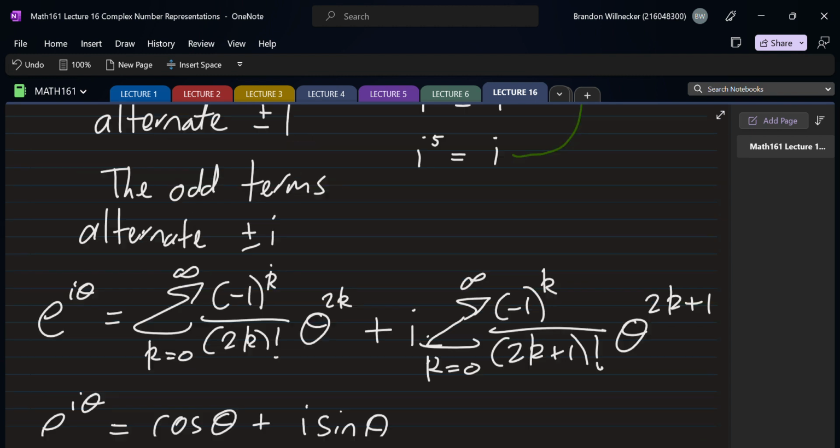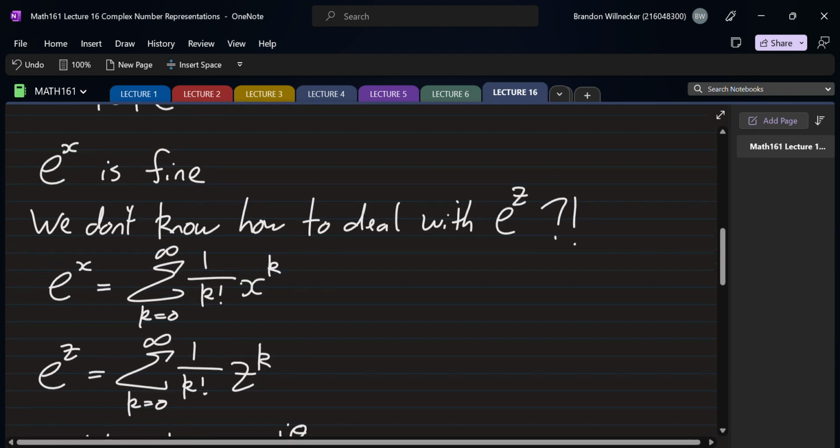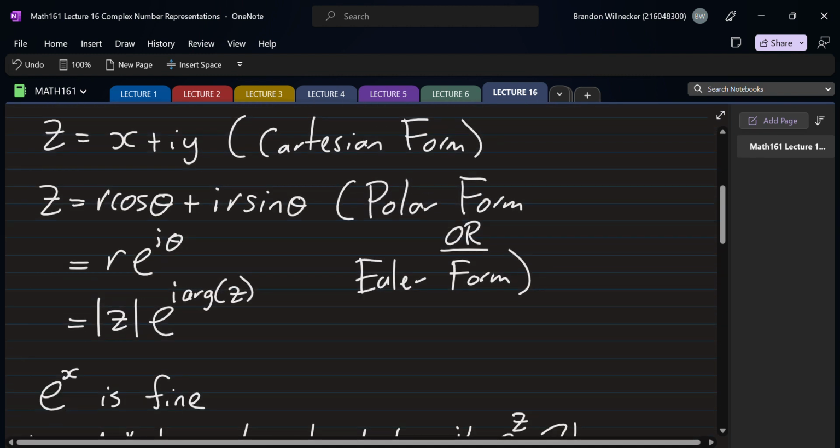And this goes back to that Euler form that we had at the very beginning. So z is equal to r cos theta plus i r sine theta. We can write that compactly as r e to the i theta, because we've now proven that e to the i theta is equal to cos theta plus i sine theta.